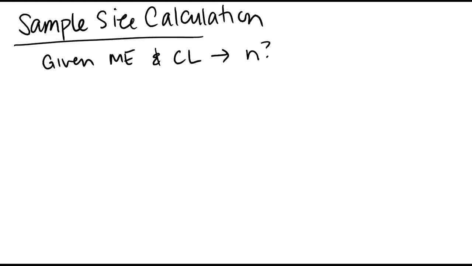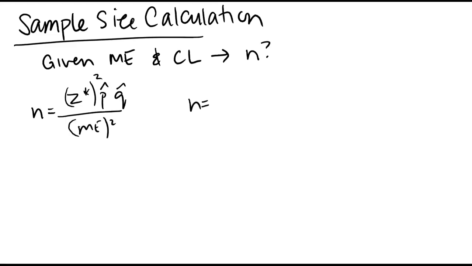We have these calculations. Again, they're on the formula sheet. For proportions, this is what it looks like. For means, it is z star sigma all over the margin of error, squared. And then there's a 2-step process if you didn't know your standard deviation, which is the real thing.